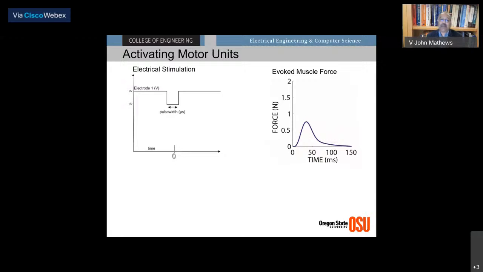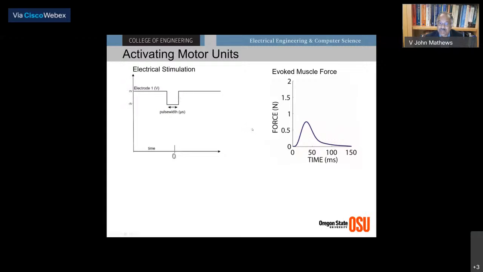So what happens is we use constant voltage pulses actually to stimulate the nerves. When you apply a pulse like this, we usually apply a biphasic pulse. That means that we will have something that goes like this and goes like that up a little bit.